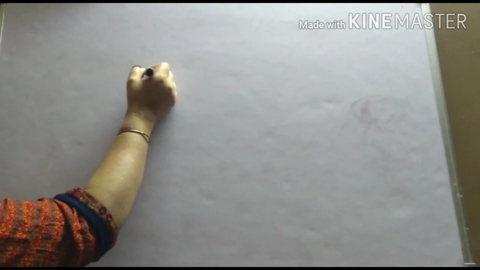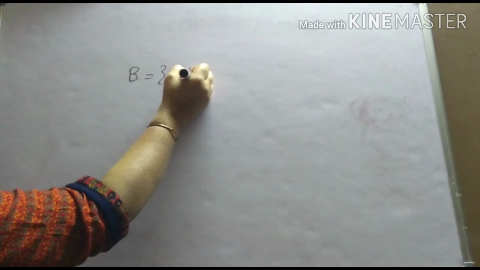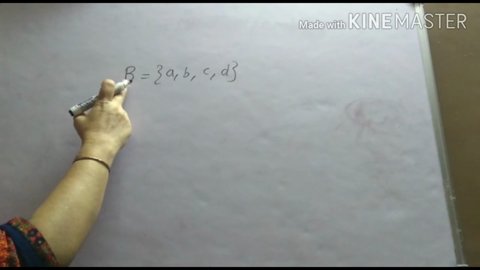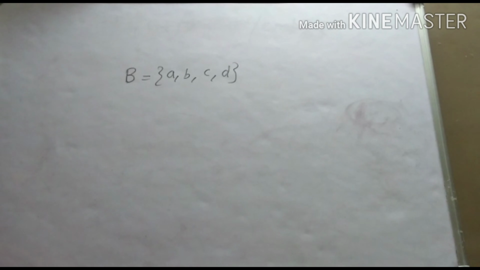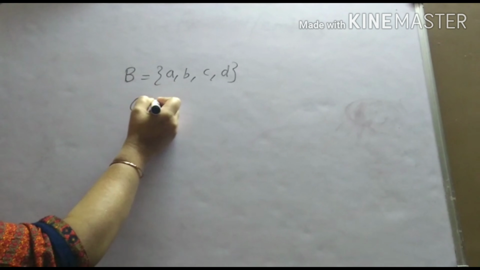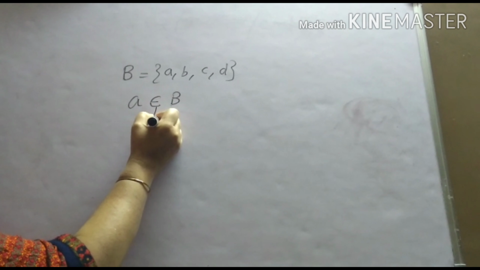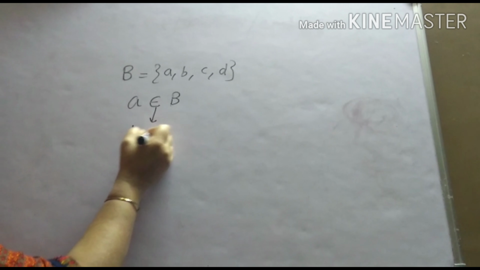A set is always represented by a capital letter and its elements are always represented by small letters. For example, small a, b, c and d are the elements of set B. Now, a belongs to set B. This symbol means belongs to.